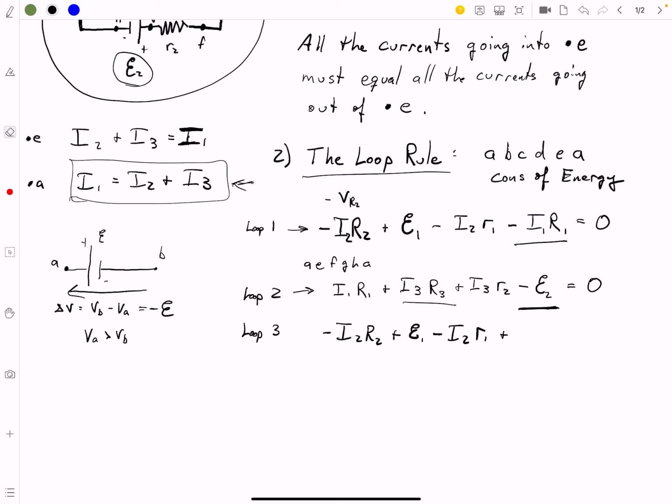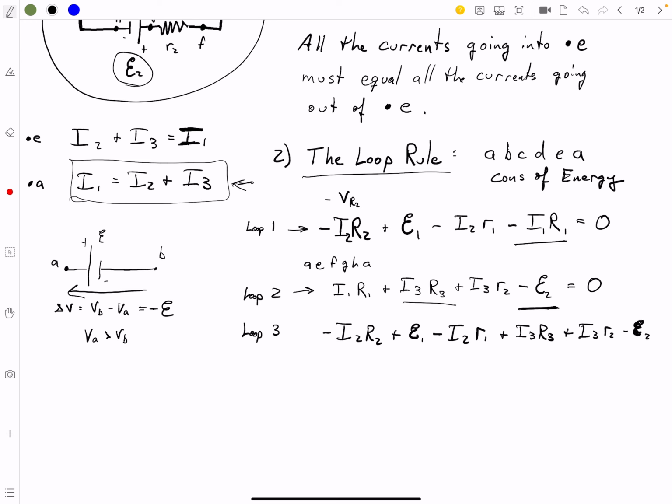We go to I3 R3. So I3 R3 plus I3 internal resistance 2, and then we're going to subtract off our second EMF.